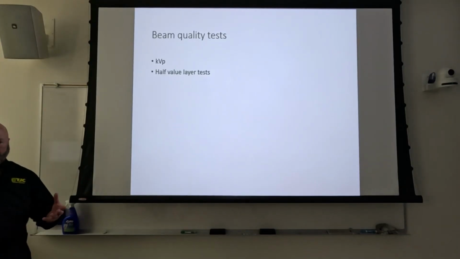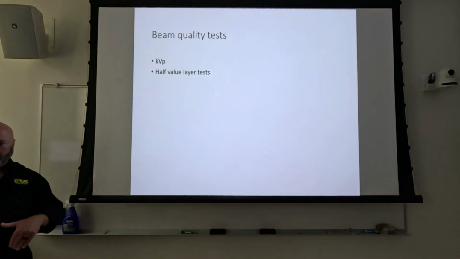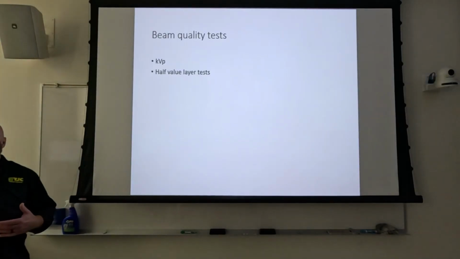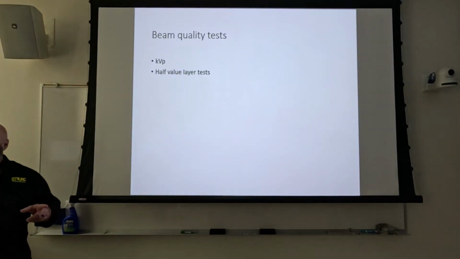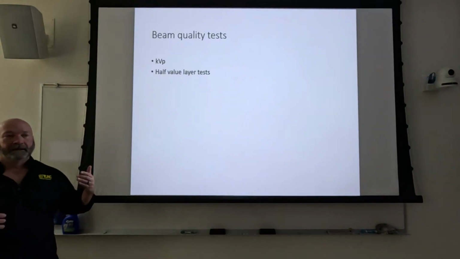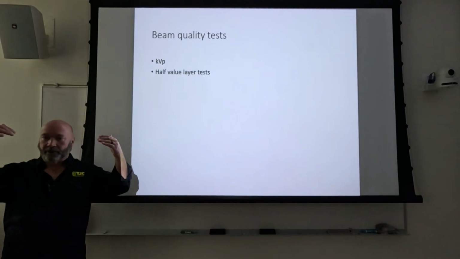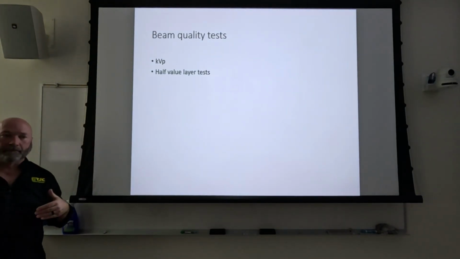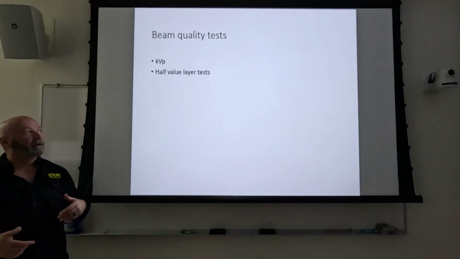We get tanning, and the tanning increases our inherent filtration. We have to adjust things to get us to the same output. But what happens as we increase our filtration? It goes to the high energy side, right? It decreases the numbers, but because we're going to decrease in output, in our quality control, we're going to bring that output back up. So we get the same output, we've just got more of the high energy side, right?